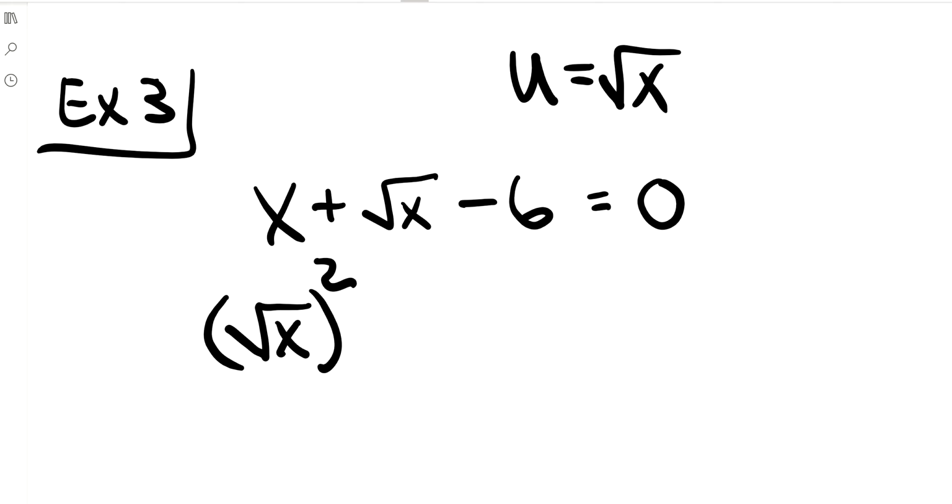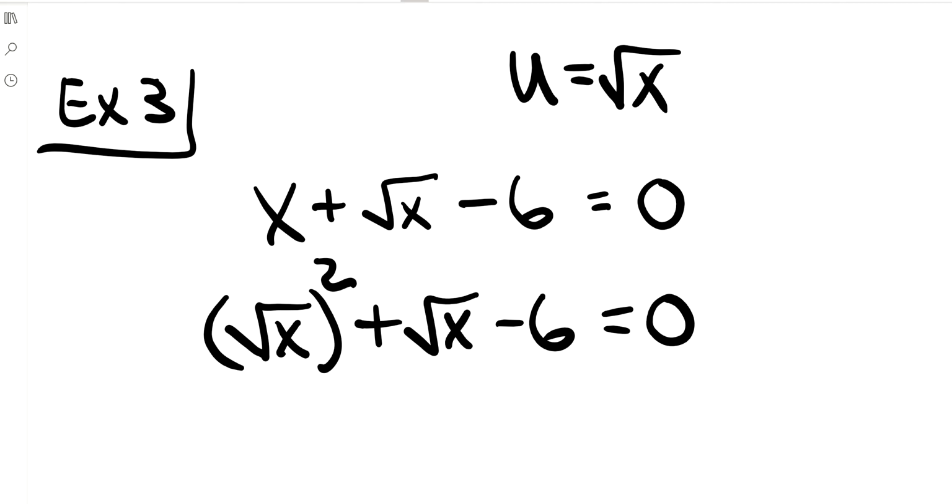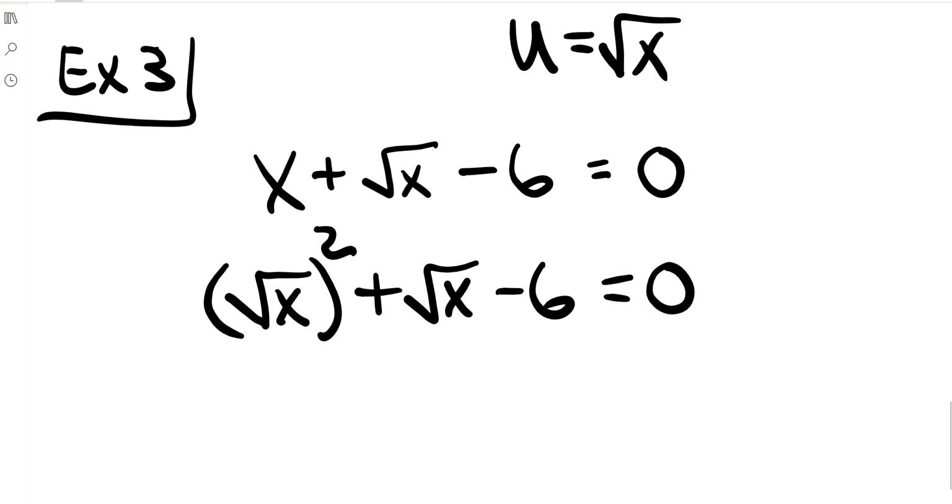But I've got my first term being to the second power, which is kind of like my semi-goal here. All right, if that's true, then this would be written as, I'll write it the rest of the way, plus the square root of x minus 6 equals 0. Now I can use my substitution, that u equals the square root of x.